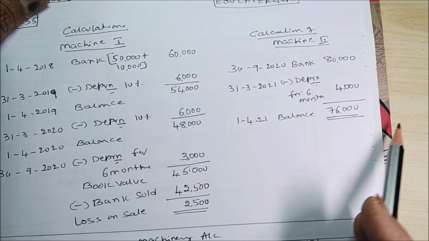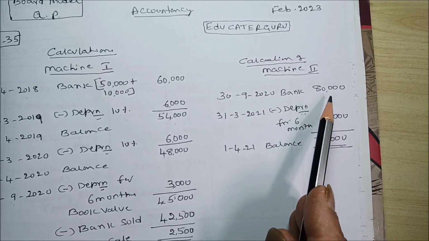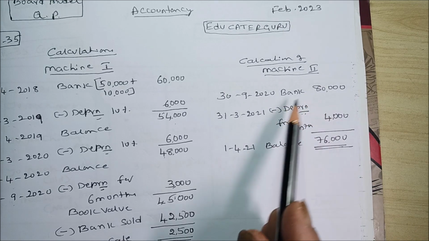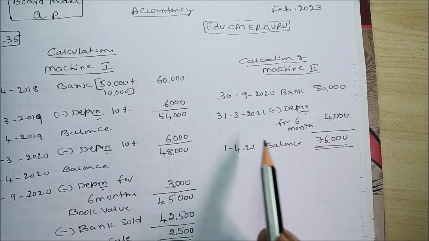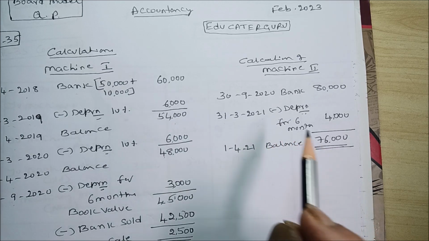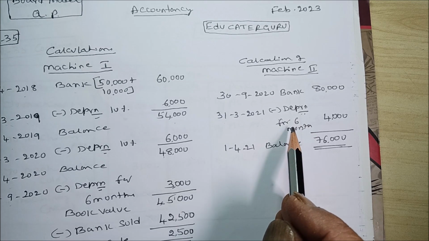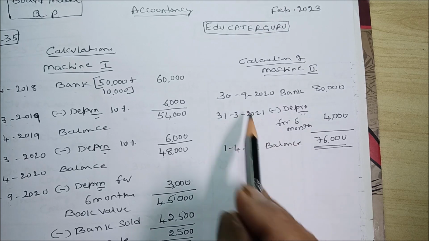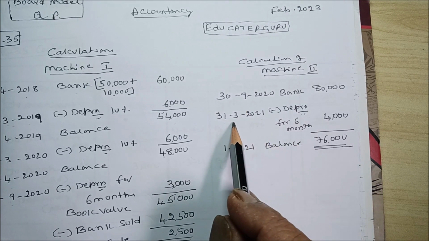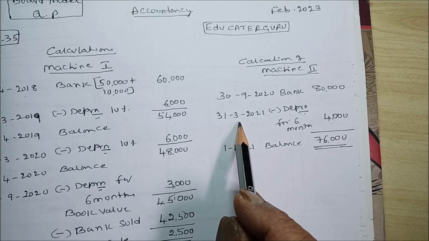Now machine 2. You purchased it on 30/9/2020, and you paid by bank how much? 80,000. By 31/3/2021, you have to depreciate for how many months? Only 6 months, because from September to March, that is October, November, December, January, February, March.